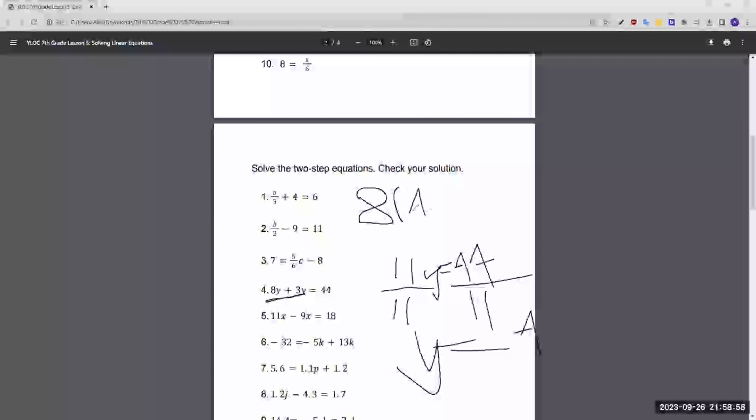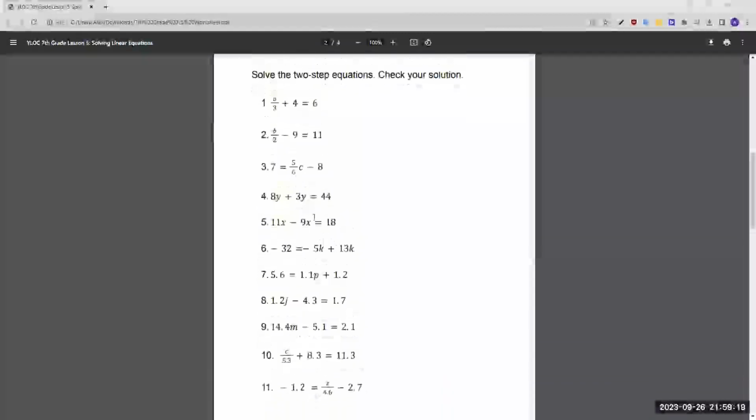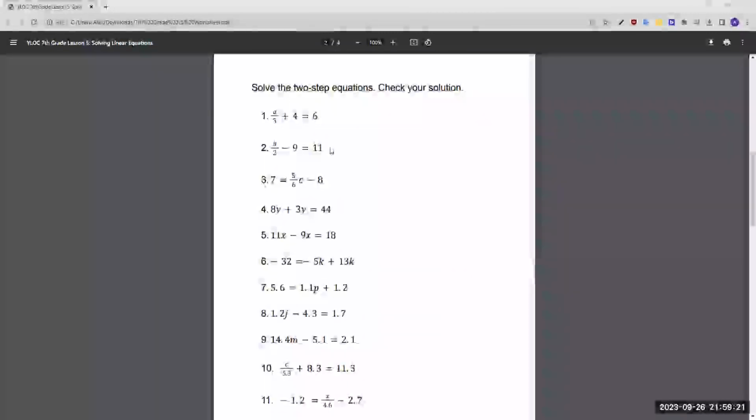8 parentheses 4 plus 3 parentheses 4. 8 times 4 is 32 plus 3 times 4 is 12. 32 plus 12 is 44, and that matches. Number 6, negative 32 equals negative 5k plus 13k.